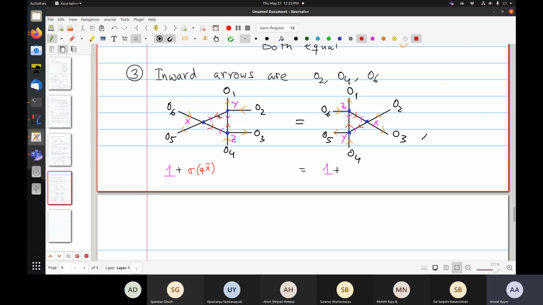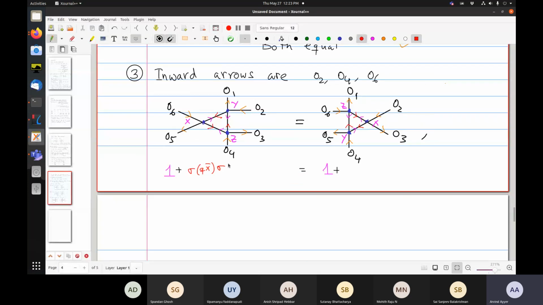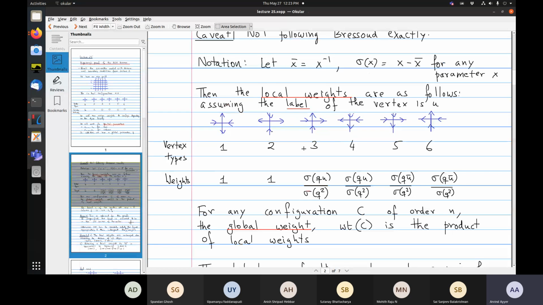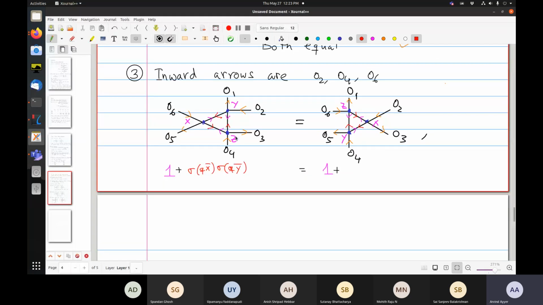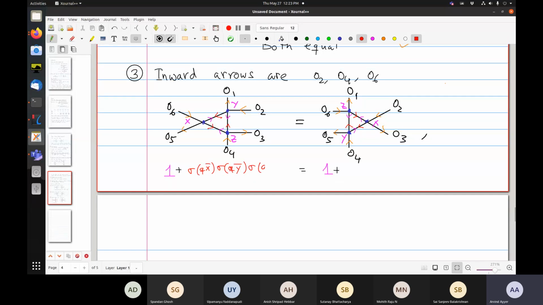It is still in the right position. Up and left is sigma q y bar. And z is up and right. Up and right is sigma q z, but z is in the wrong position, so it's sigma q z.